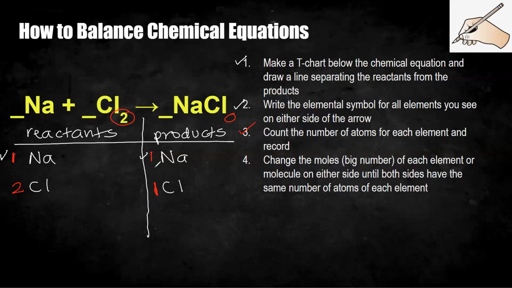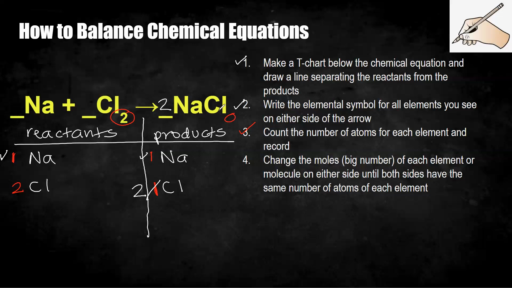Now, what I'm going to do is change this number to a 2, but when I change this number to a 2, that's not doing anything to my chemical equation. Whenever I make changes down here, I also have to remember to make changes up here. So I'm going to plug that in the blank for the coefficient in front of sodium chloride up here.